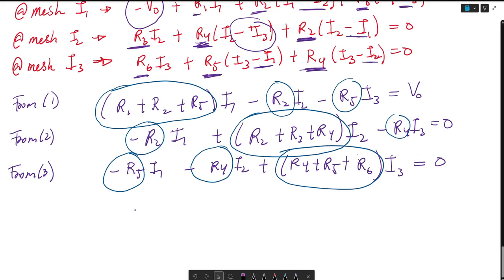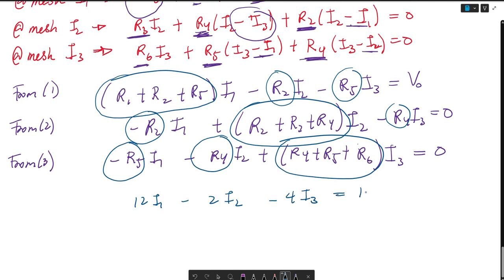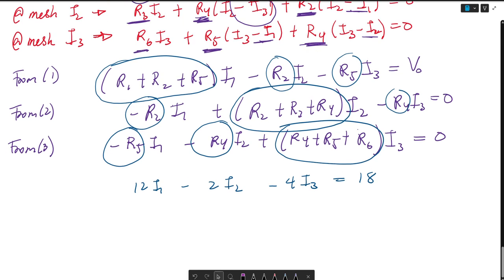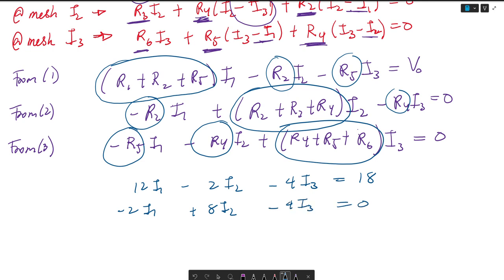And when we plug those in, we get 12 I1 minus 2 I2 minus 4 I3 is equal to 18. And minus 2 I1 plus 8 I2 minus 4 I3 is equal to 0.